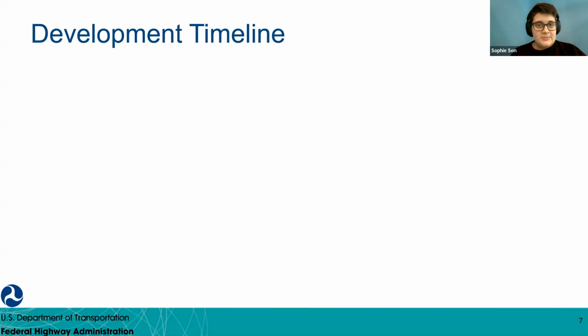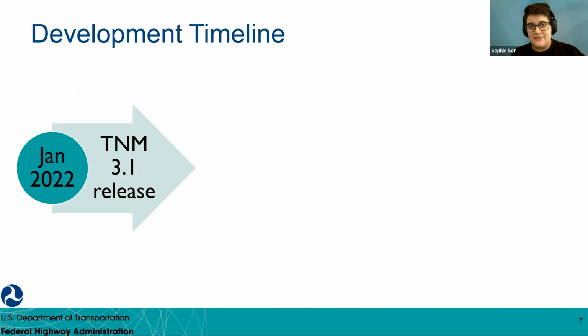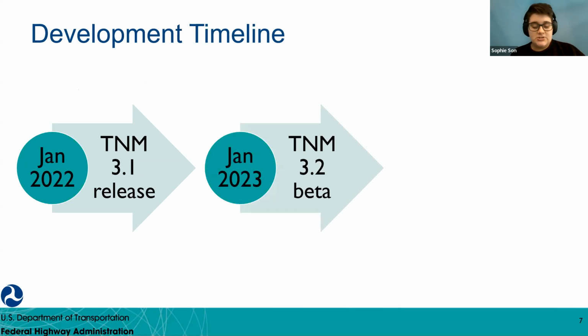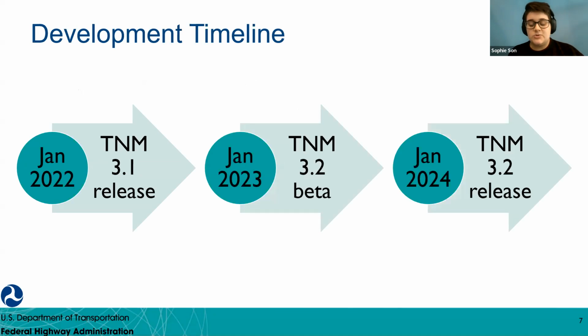So as far as the timeline goes, we're trying to move things along faster than in the past. In January of 2022, TNM 3.1 was out for public release. In January of last year, we already had a beta version of TNM 3.2, and in January of this year, TNM 3.2 was out for public use.